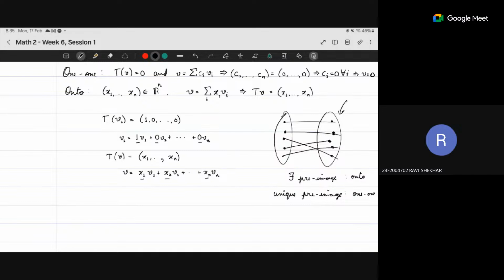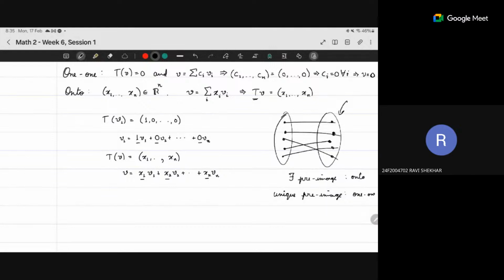Sir, you have written V equal to sigma xi vi for all i. It's a summation over i of xi vi. Is this the transformation function? No, the transformation is T. V is a vector. Any vector in V is written as a linear combination of the basis vectors.